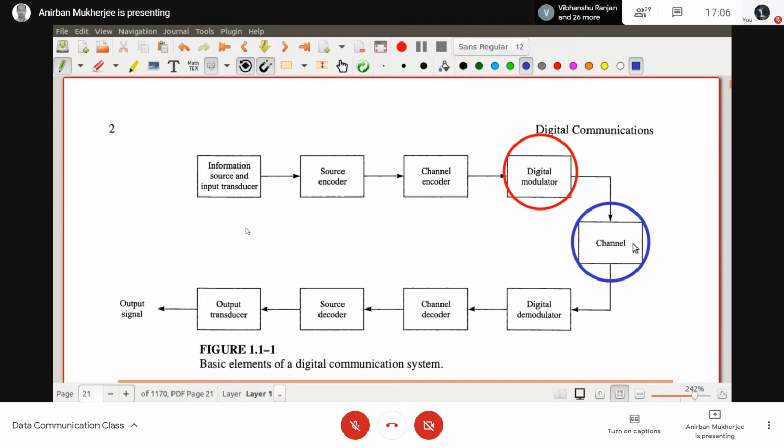And please remember, this is a different book that I am following: Digital Communication, Proakis and Salehi, 5th edition. Let me write it. Digital Communication.